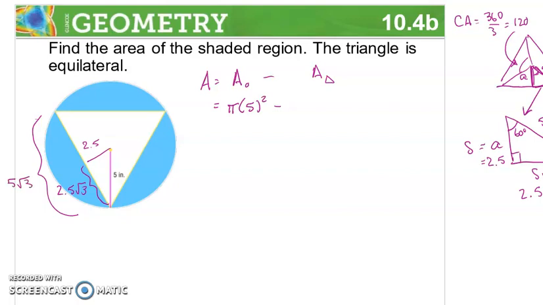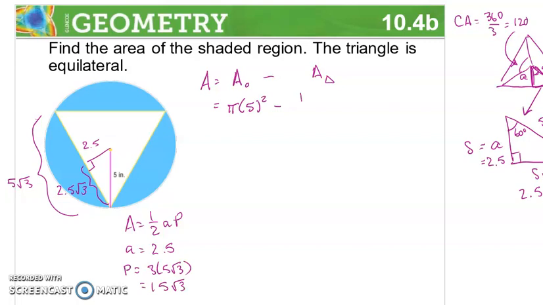So for this triangle, I'm using this formula. The apothem equals 2.5 because that's the line that's perpendicular to the side, and the perimeter is 3 times 5 square roots of 3, which equals 15 square roots of 3.